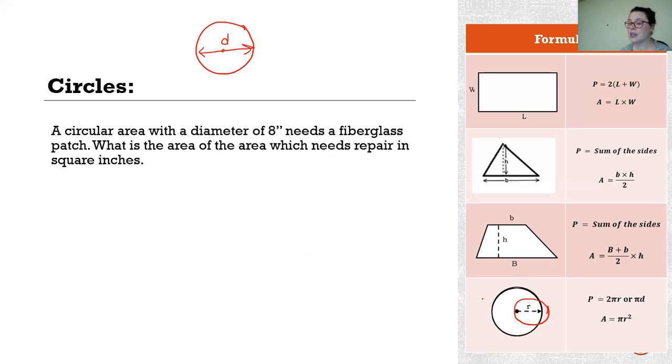Now the formula that we use for the area of a circle, you cannot use diameter even if you want to. You have to use radius, mandatory. So for circles, you must know the radius. But if you remember, the radius is half the diameter. So if we know the diameter, we can easily calculate the radius.